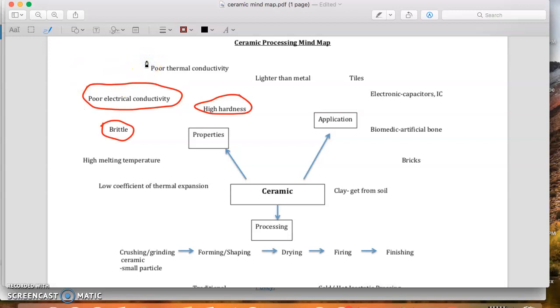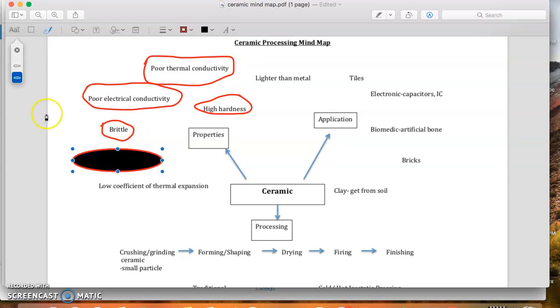And also poor thermal conductivity, which is why ceramic is popularly used as a thermal insulator. And also high melting temperature, which means it can be used as a mold to cast metal, and it is also lighter than metal.